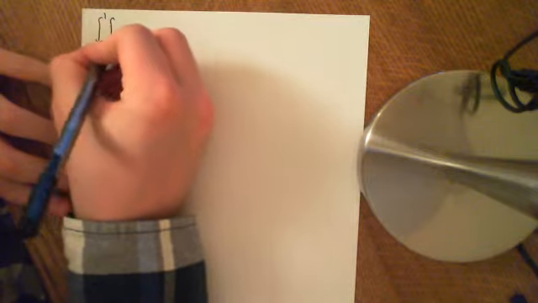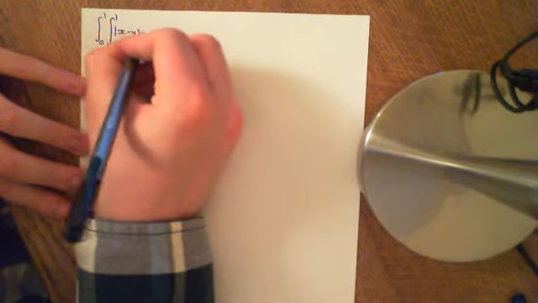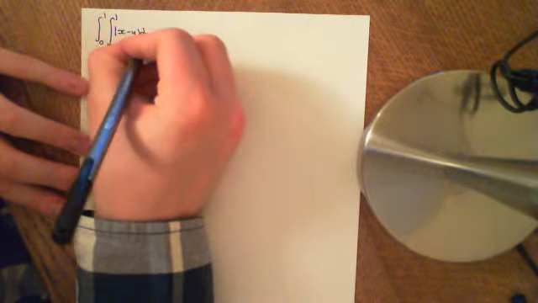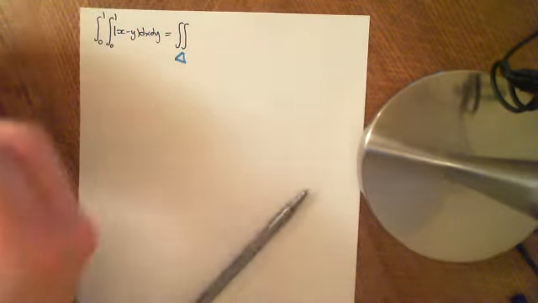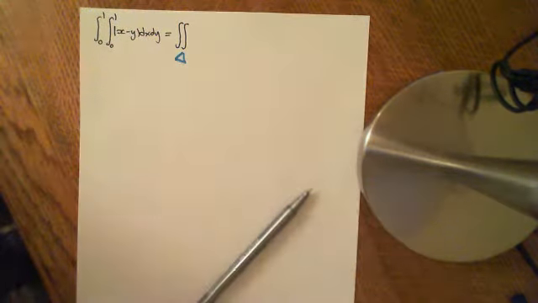So let's do that. Okay, so let's say that the integral from 0 to 1, 0 to 1 of the modulus of x minus y dx dy is equal to the integral over, let's say, the blue triangle. So if I get my picture back, it's down here.